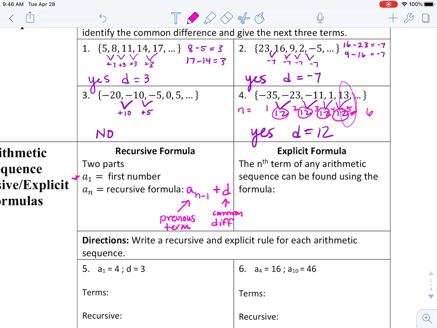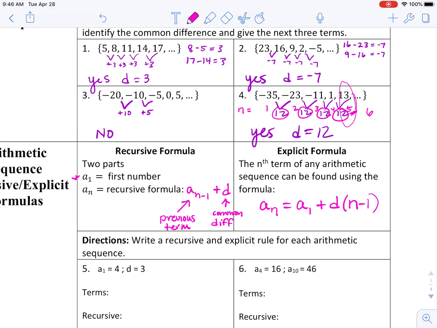So here's what you want to do for your explicit model. You want to always take the first term in the sequence. You've got to start somewhere. And you're adding on the d n minus 1 times. So like I said, when we were on the 5th term, we needed to add 4 d's on. If we were on the 6th term, we needed to add 5 d's on.